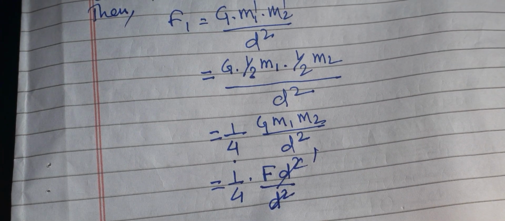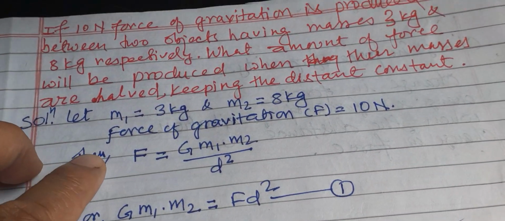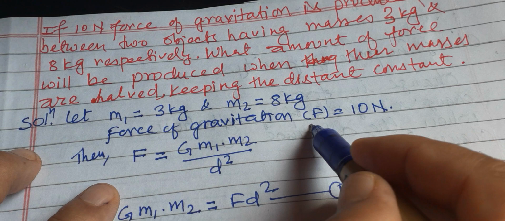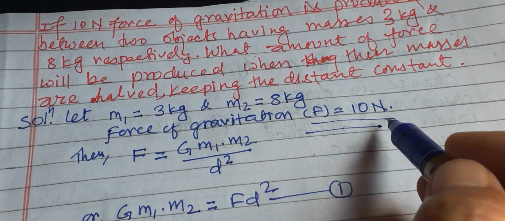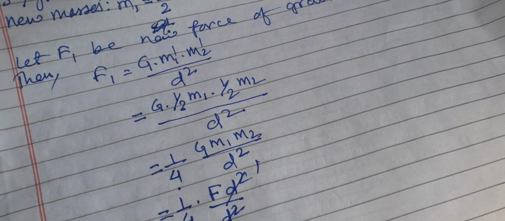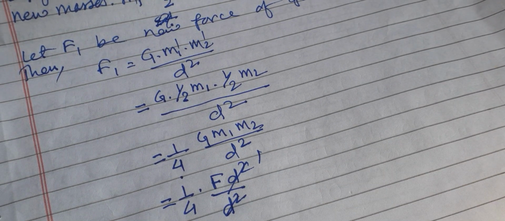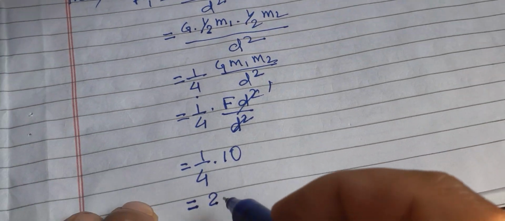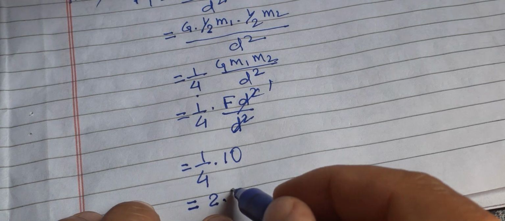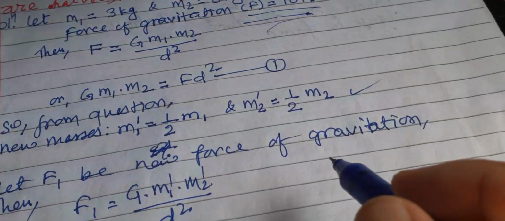So 1 by 4 times F. F is already given, it is 10 Newton. So we have 10 in place of F. On dividing it, it becomes 2.5 Newton.